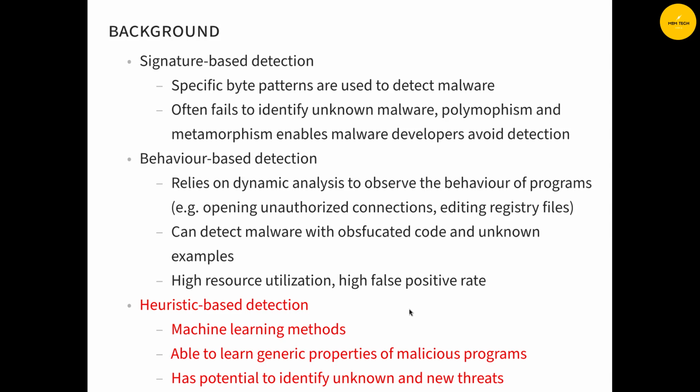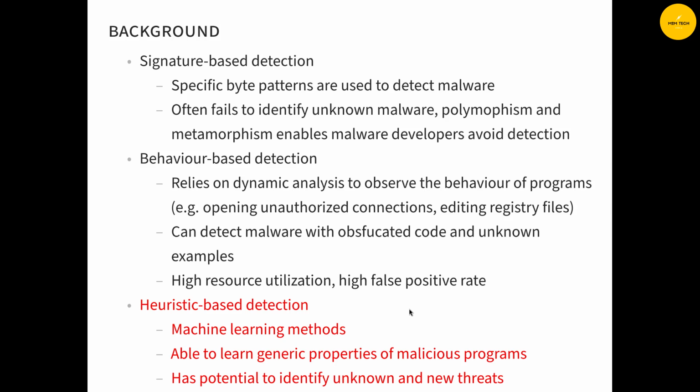You look for them, and that's how you figure out whether or not it's malware. But this method can fail because people can modify source code through obfuscation, through mechanisms known as polymorphism and metamorphism, and the software won't be detected because the byte patterns change, and therefore you have to constantly update the database of byte patterns to keep detecting new malware and to detect modifications to malware. So it's a little bit brittle.